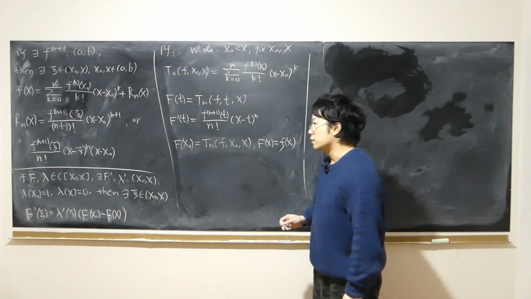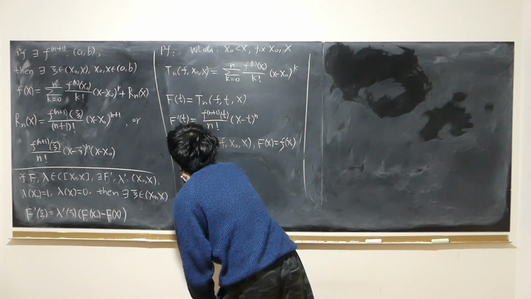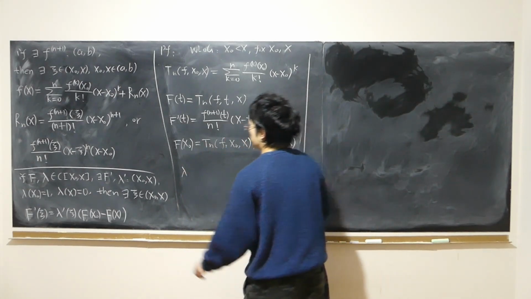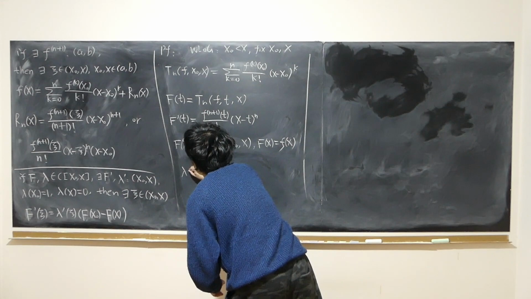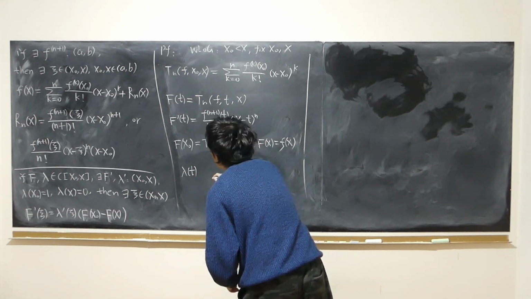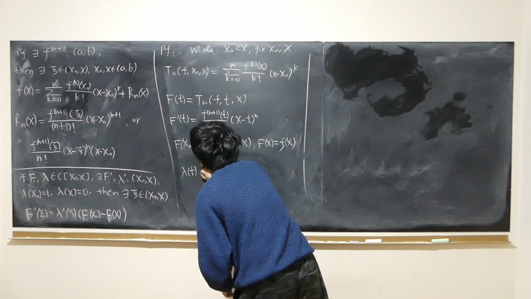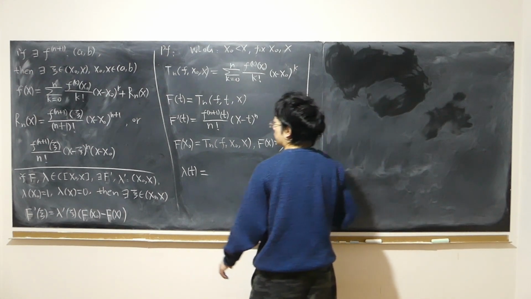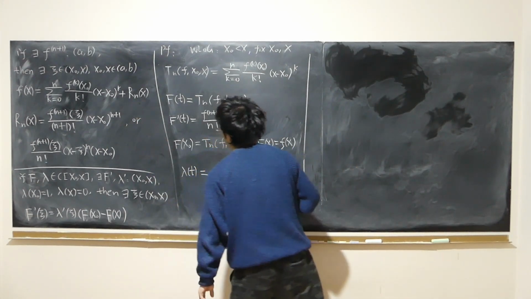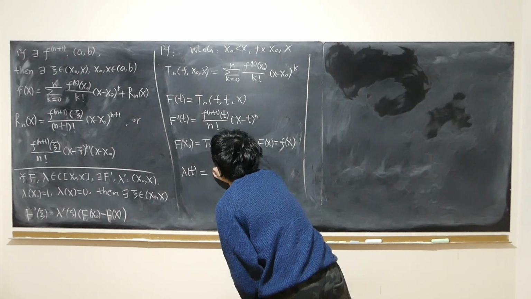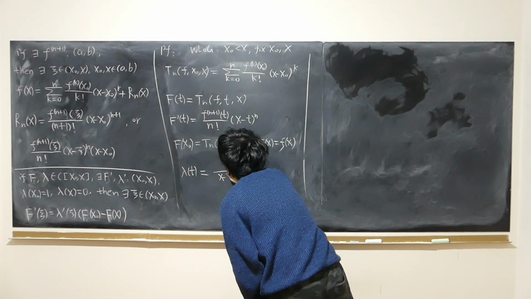So now I want to construct a lambda of t for the Cauchy remainder, a different lambda of t, for the same motivation as I constructed for the Lagrange remainder. This time it's a little different: x minus x naught, x minus t.